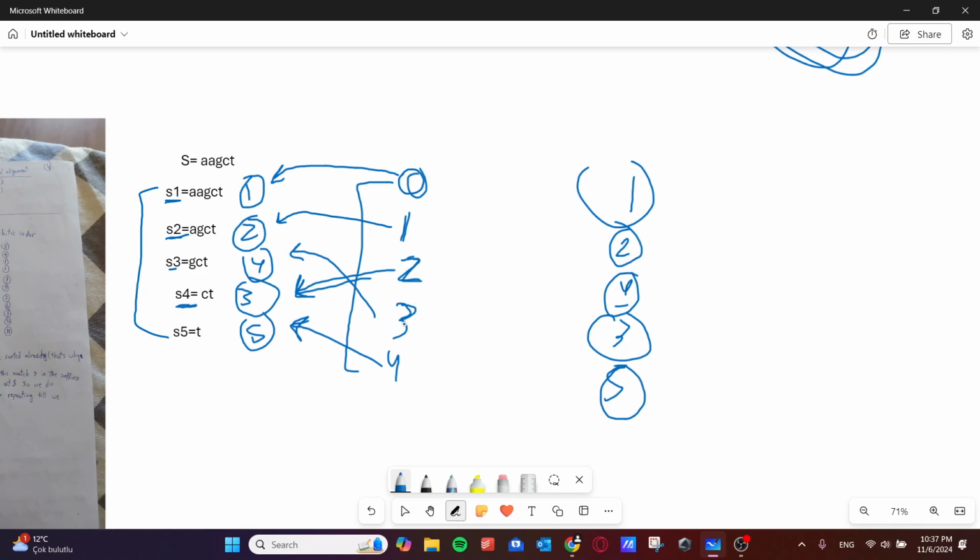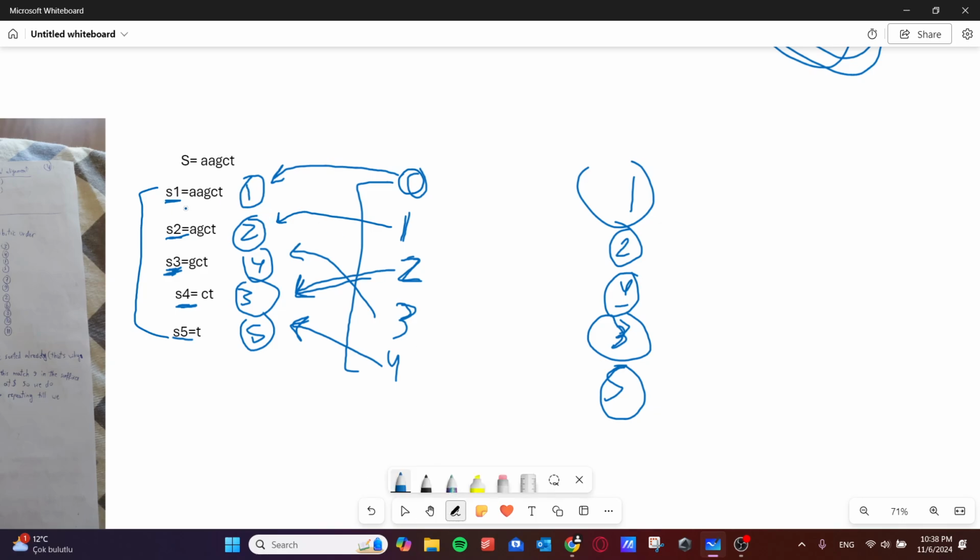Here I have the number 3, which represents the suffix 3. And here 5, because the fifth place represents the suffix 5.